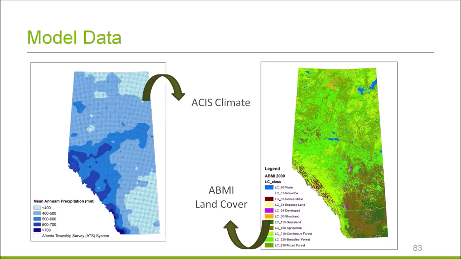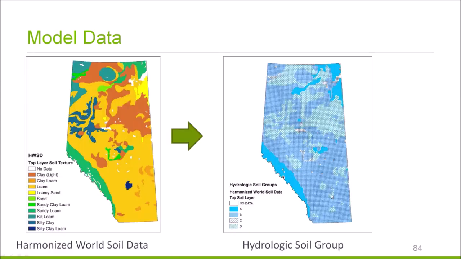So we have precipitation, temperature, relative humidity and solar radiation, and all this information necessary to run the model. We also use Alberta Biodiversity Monitoring Institute land cover data, because we do need land cover information, and they have these different types of land cover classes.